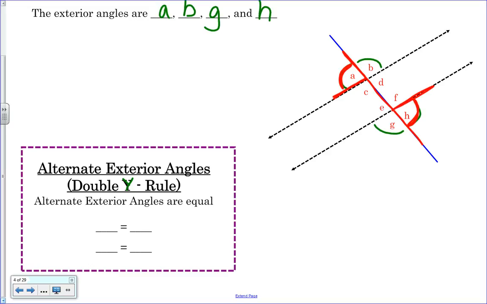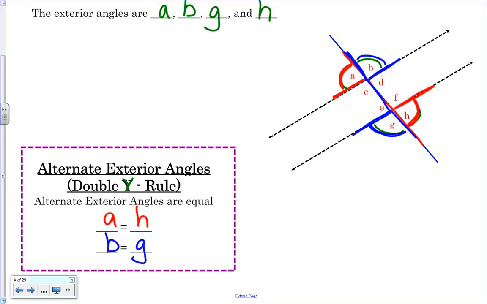So double Y. That tells us that A is going to be equal to H. On the flip side of that, if I reverse it, I've got this Y here, all the way down, is going to be opposite to this one. So I know that B and G are going to be the same.